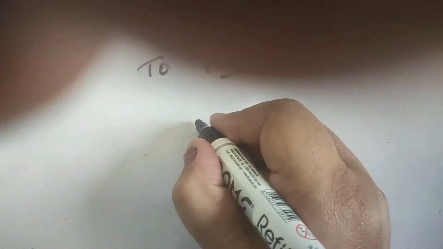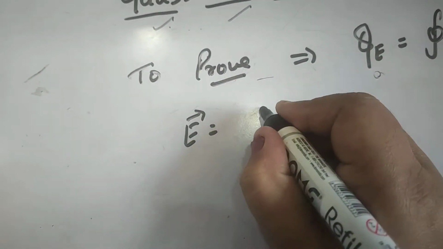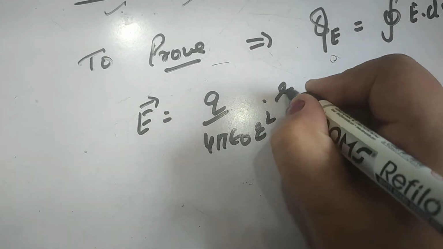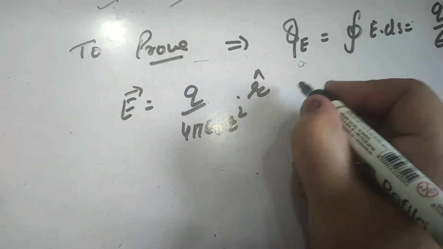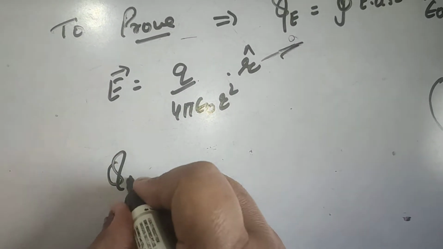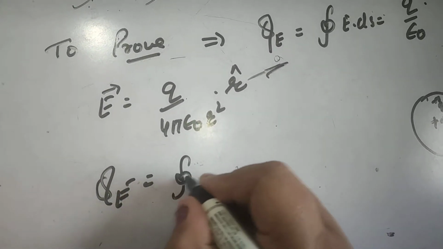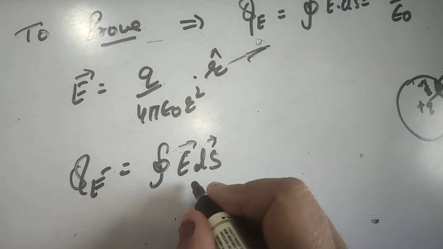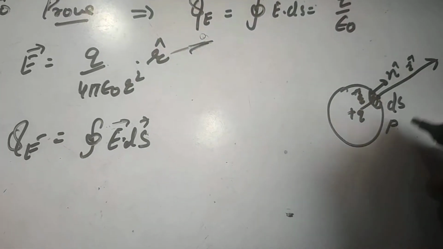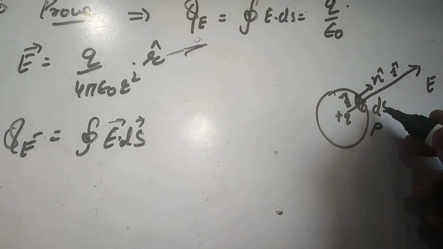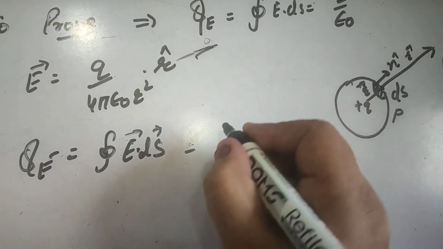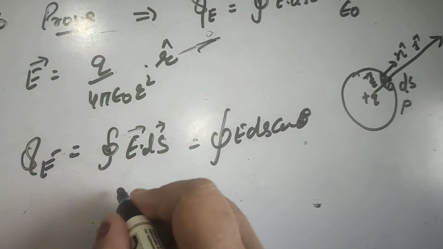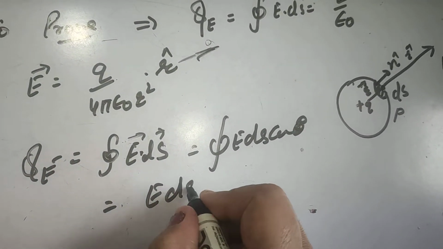Now we know that the field intensity vector E is given by Q upon 4 pi epsilon naught r square into r cap. And according to the flux definition, phi E is equal to the integral of E ds. We can say here that E and ds are in the same direction, so the angle theta will be 0, and E ds cos theta, or cos 0 degree, will become E ds.